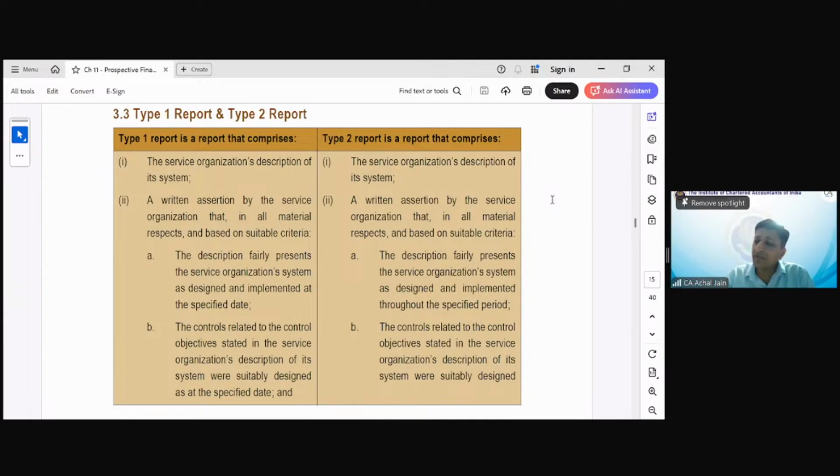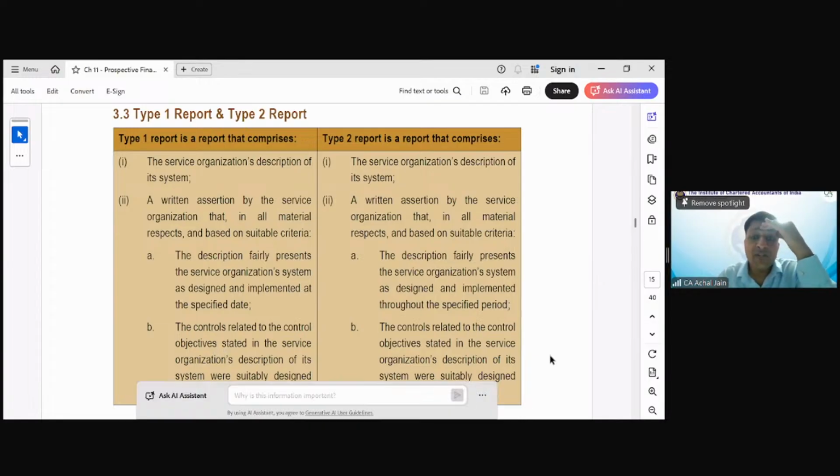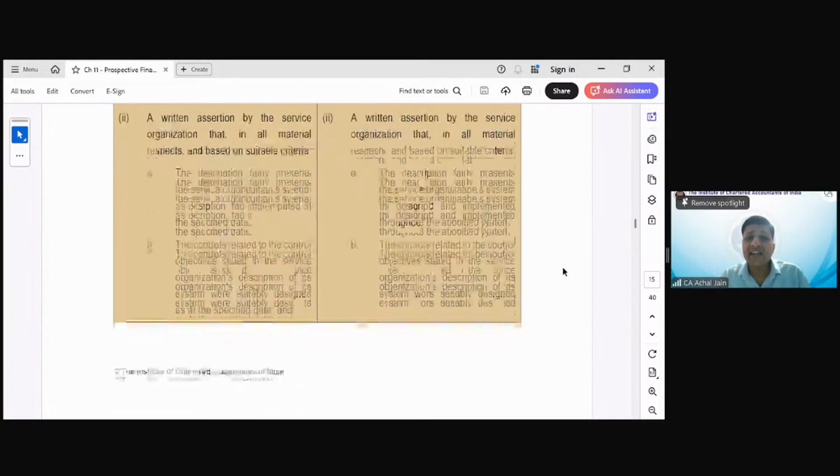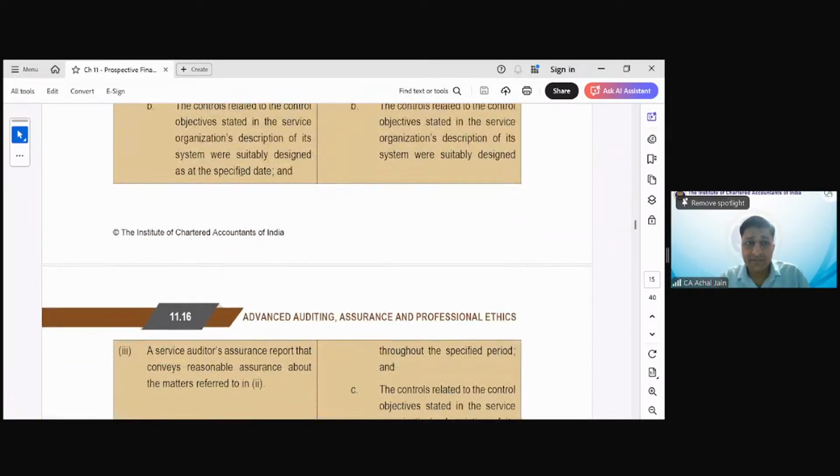Now that is where the difference lies. At the specified date. In type 2, you look at throughout the specified period. Okay. Then controls related to the control objectives stated in the service organization's description of its system were suitably designed as at a specified date.